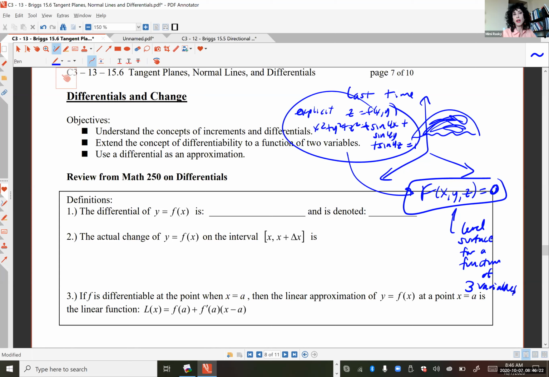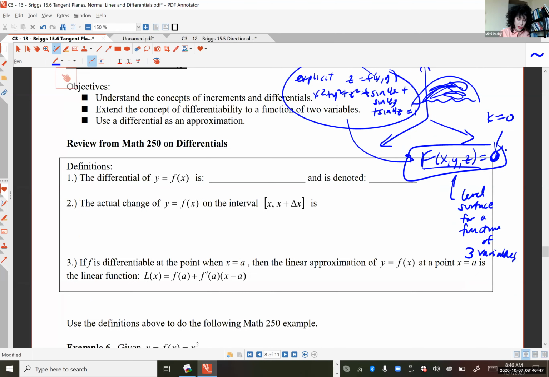And some of you don't know how to find level curves still. I'm pretty disappointed, I must say, because that was 15.1 material. Level curves, you set the function f(x,y) equal to a constant. Level surfaces, you set the function f(x,y,z) equal to a constant. But here the constant is 0. So instead of k, we're taking a specific level surface where k is 0, not just a family of level surfaces. So this is also known as the general representation.